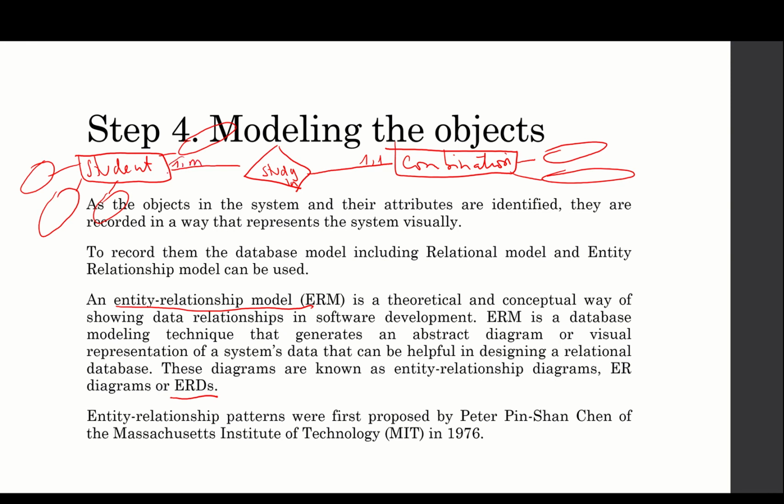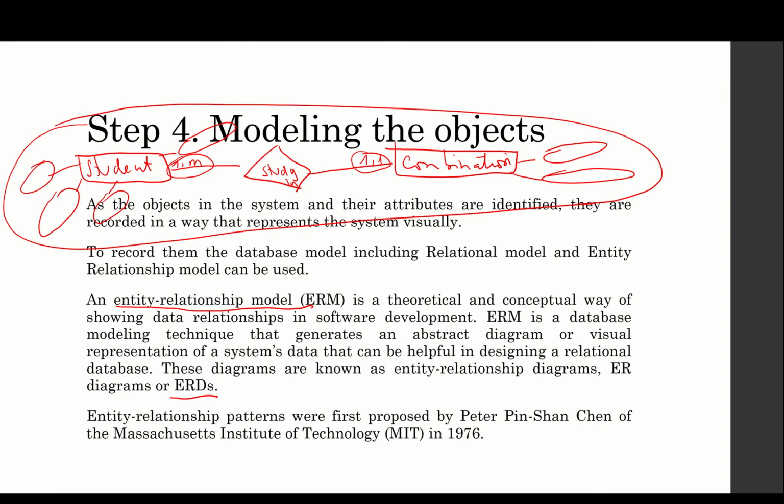So we call this level of participation, or we simply call it cardinalities. So here you are trying to model the object in such a way that gives a clear picture of how the database will look. We'll discuss more about this when discussing relational database model design in the next unit.